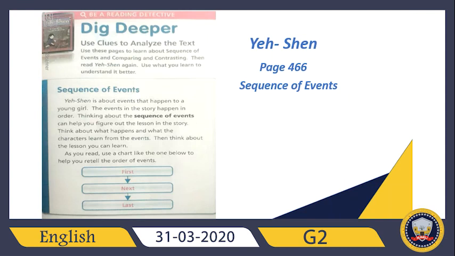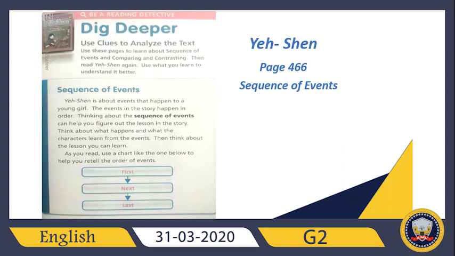So what do you mean by sequence of events? We have done this in our previous lessons. You already know that whenever there is a story, events happen in order. Something happens first, then next, and then at the end you can see the result. So in this story also you have seen that first how Yeshin is treated by her stepmother.